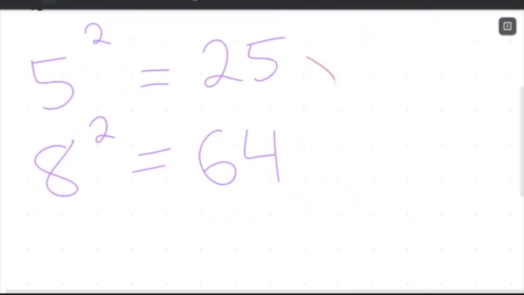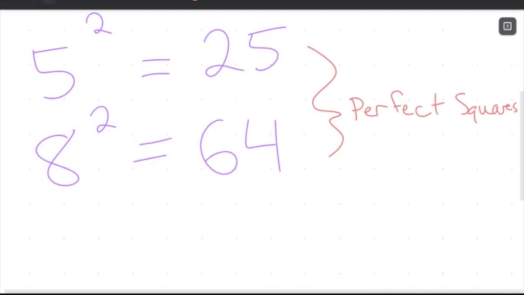These numbers here, my 25 and 64, are what we call perfect squares. These are very special numbers that we get from multiplying a number by itself. Numbers like 25, 64, 4, 9, 16, which we get when we times 4 by 4.